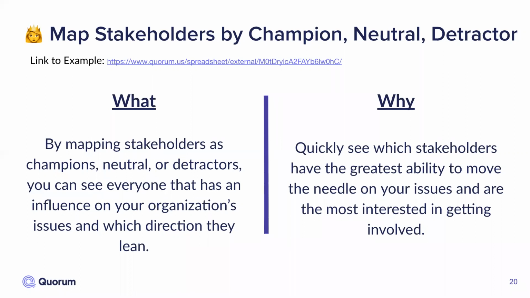A good question just came in through the chat: what's the difference between champion, neutral, detractor, and tiers? These are two similar strategies, but in my experience, the way clients use the tier function is more about how important these people are. If you're a trade association, your tier 1 stakeholders might be the presidents and CEOs of your member companies.